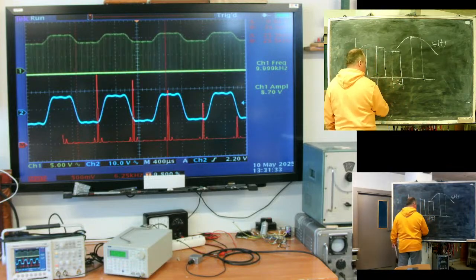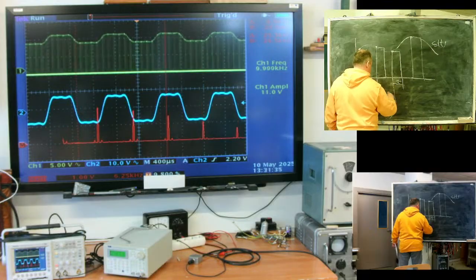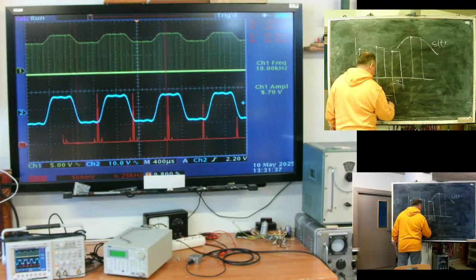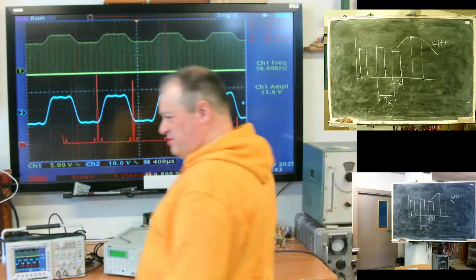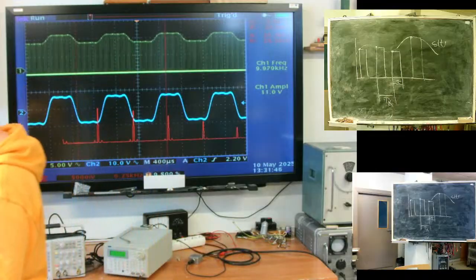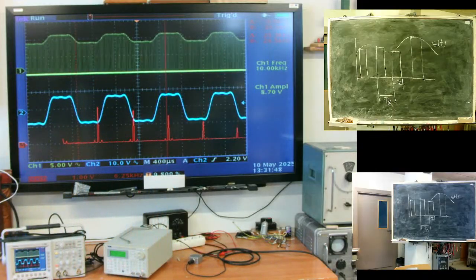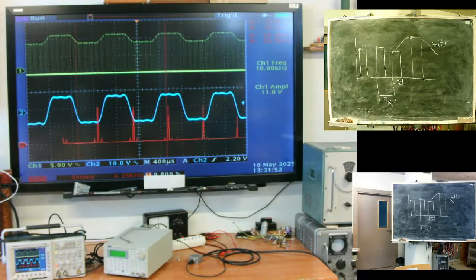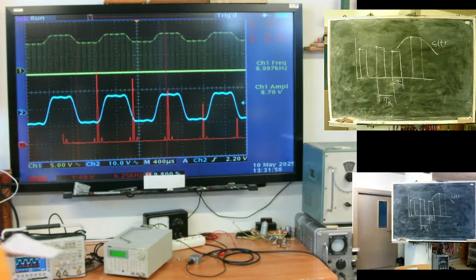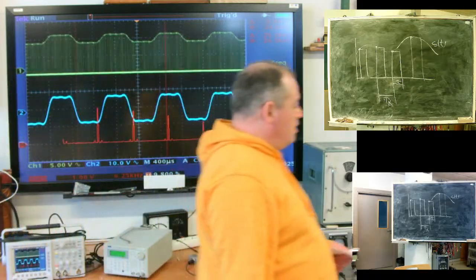So, set 0. Model like this. It's a signal. It's after sample and hold. This is not.